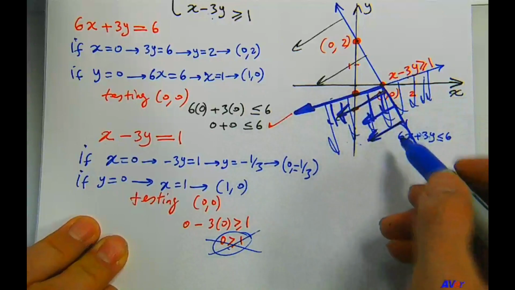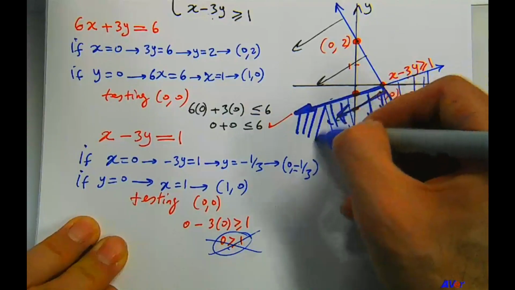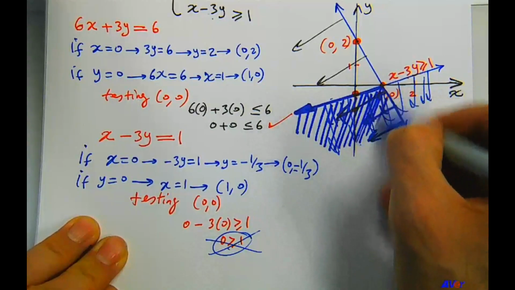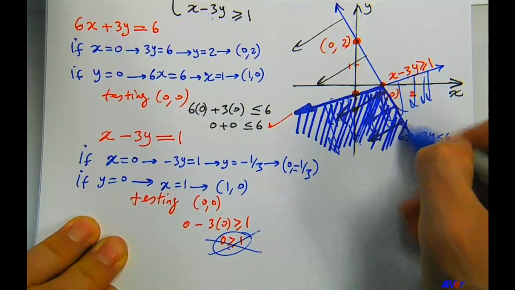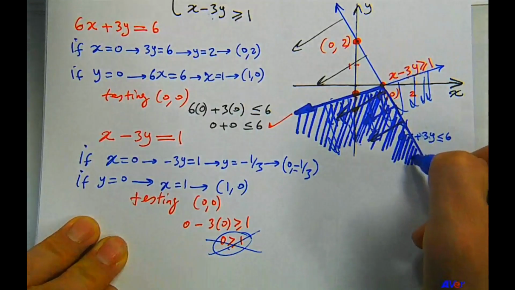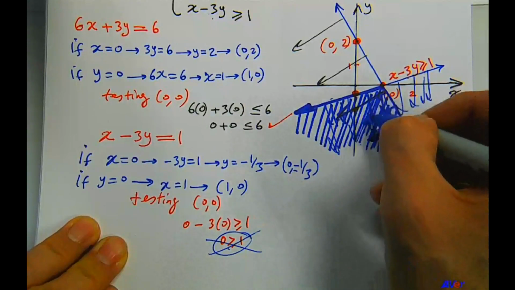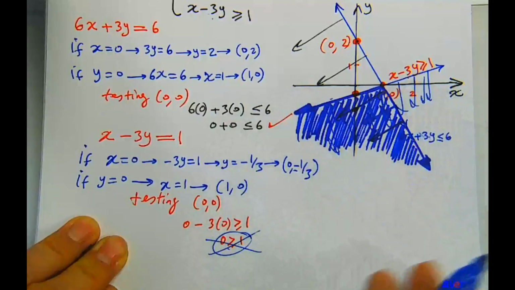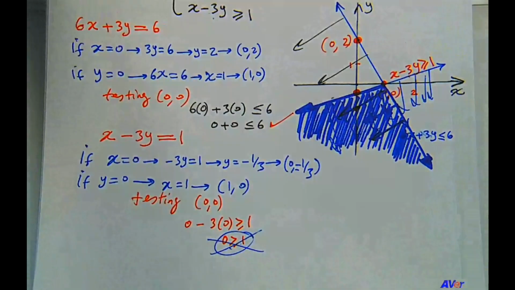They overlap here. So this region is the solution of the whole system. And I'm going to make it darker. Okay, that's our solution for this one. So that's the answer for that.